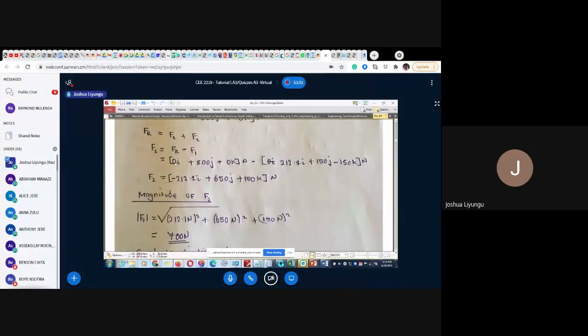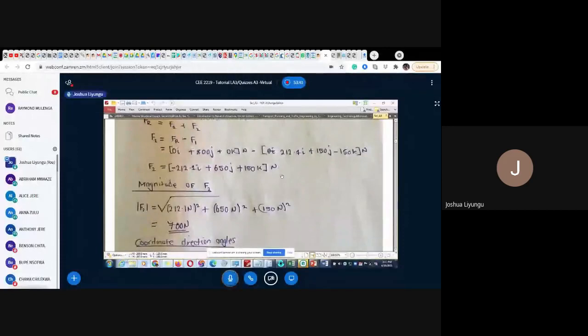We subtract 0i minus 212.1i. The next one, 800j plus 150j. 0k minus 150k. This is how you get your F2.